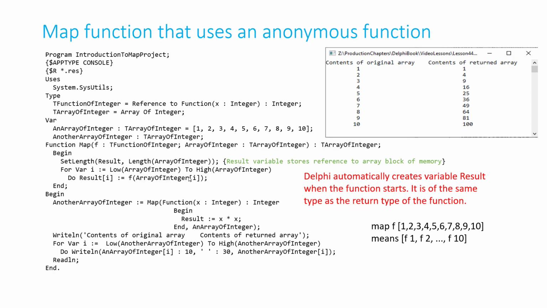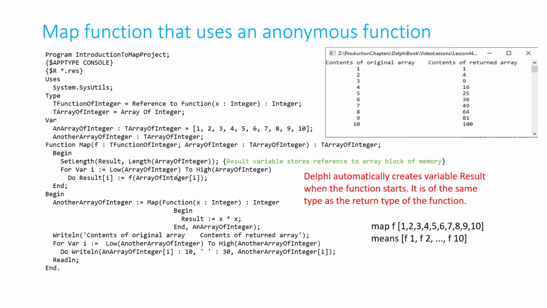Now the value of x will be the value stored in the currently selected element of the array. And then when we've applied this anonymous function, this squaring function, to the current element, we're going to store the squared result in the result variable in the corresponding element.